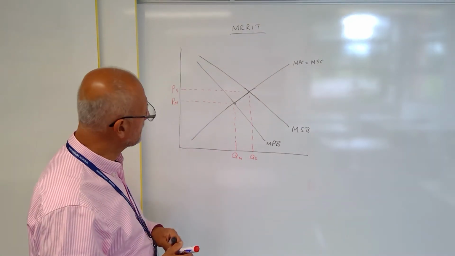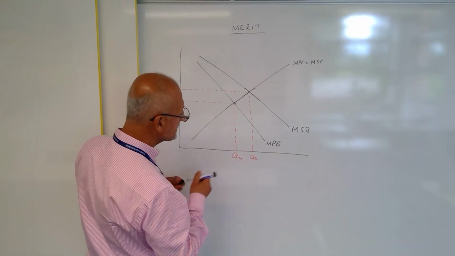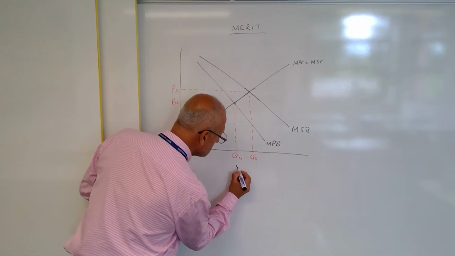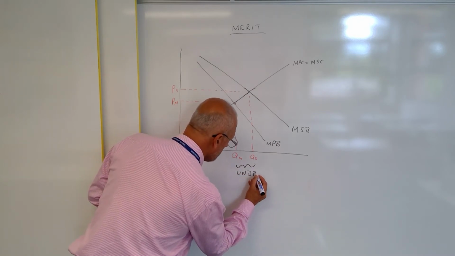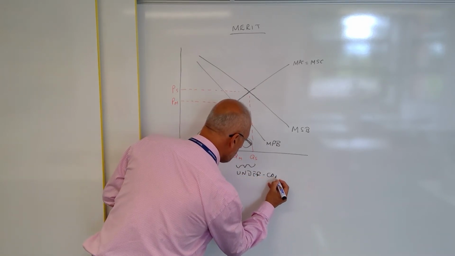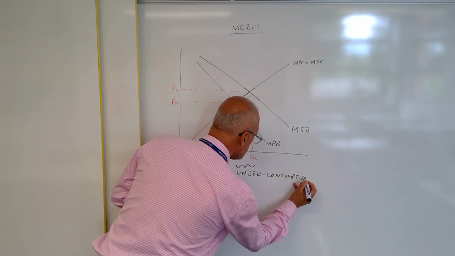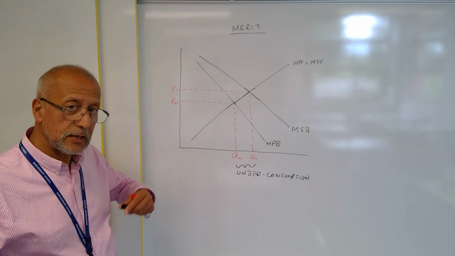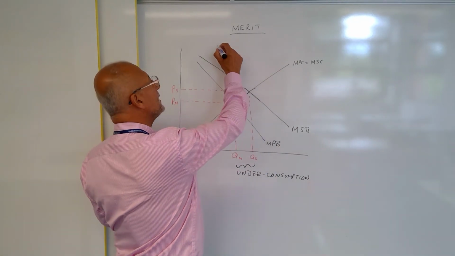So originally we have this level of underconsumption. We want QS to be consumed, but QM is, so we have an underconsumption. And now we're going to implement our policy, which is going to cause the demand curve to shift out to the right.